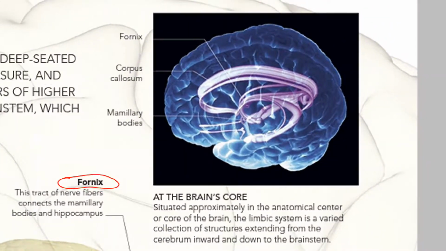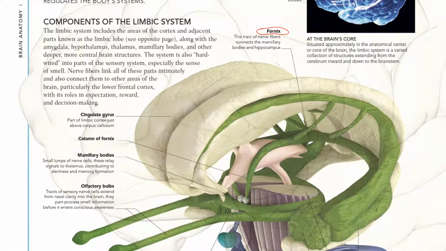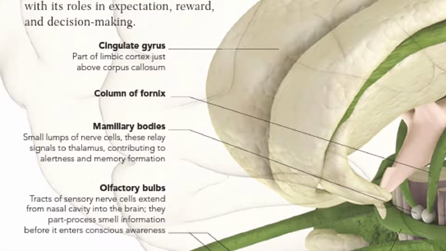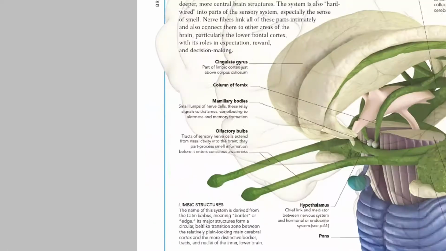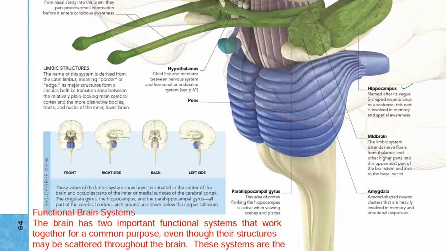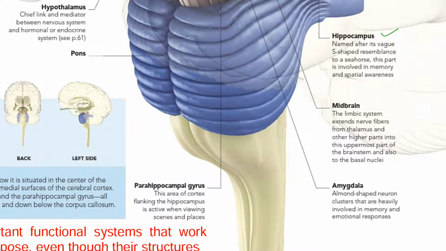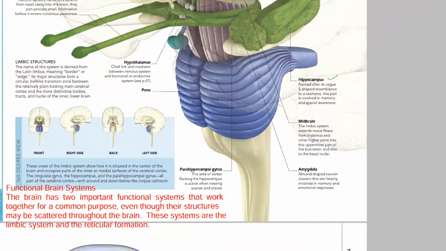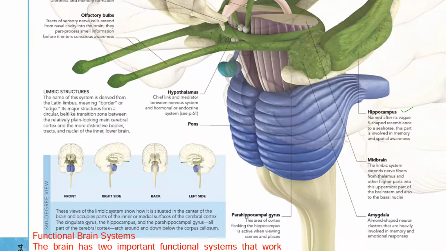You see where exactly in our brain the limbic system is located, and these are the components. You read the names, and their functions are also written over here. Hippocampus, midbrain, amygdala, parahippocampal gyrus, all the names.